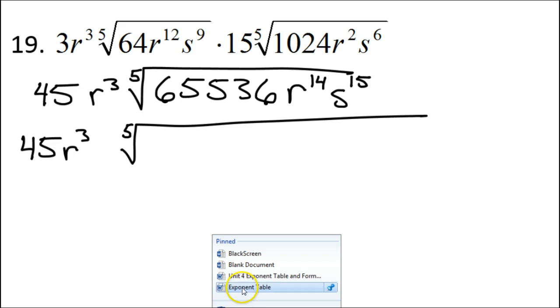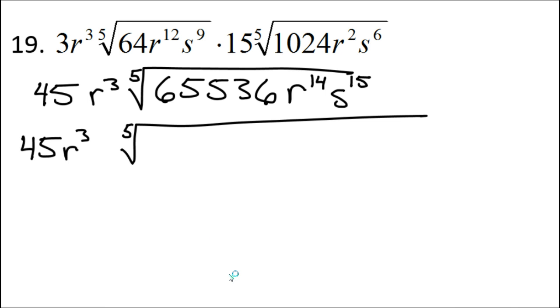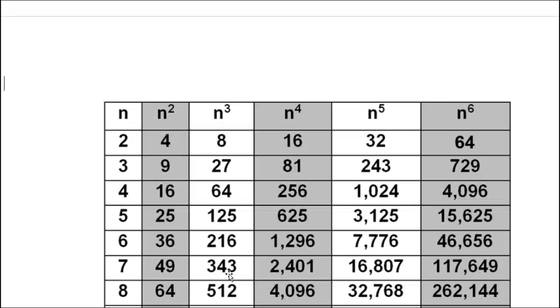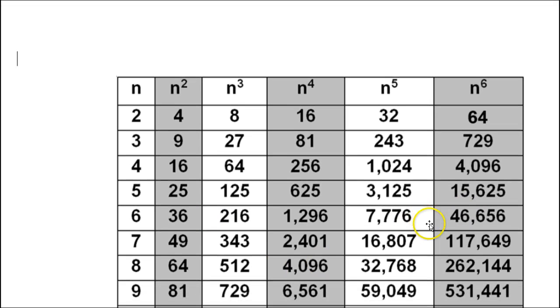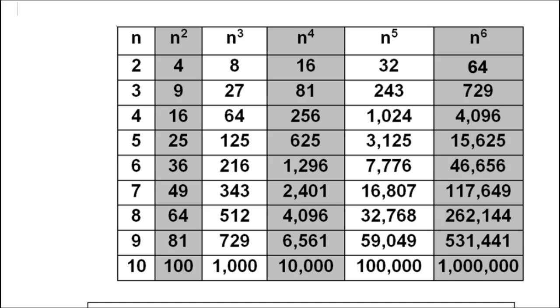So let's look at our exponent table. Alright, so our target is 65,536. We're trying to do the 5th root. So we're looking at this column right here.